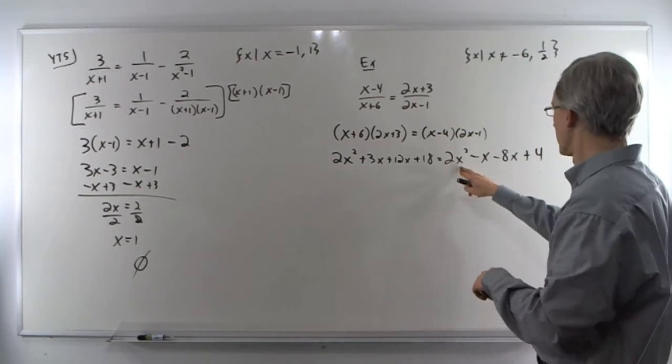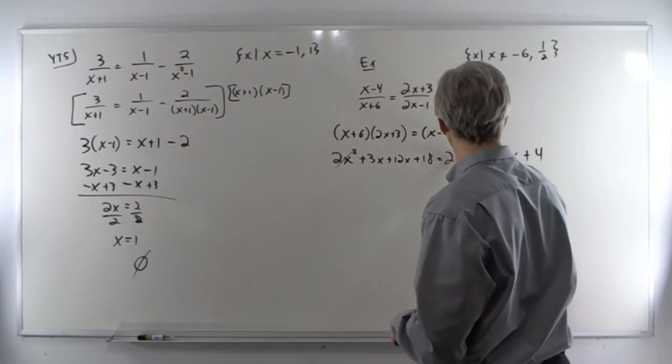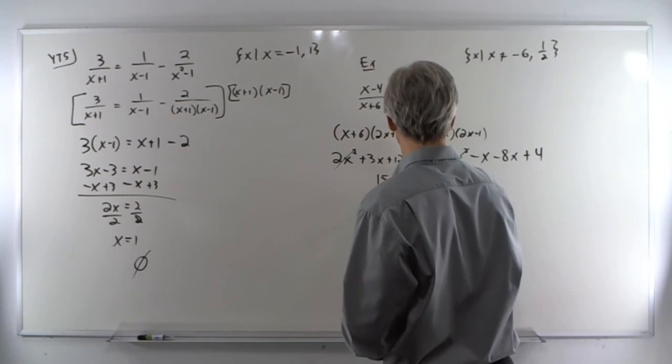All right, first thing, we've got a 2x squared on each side. We can subtract that from both sides, so those go away. Now we'll combine like terms.